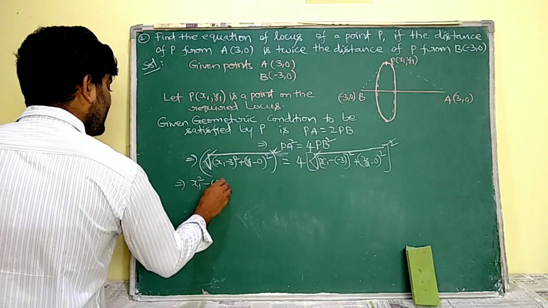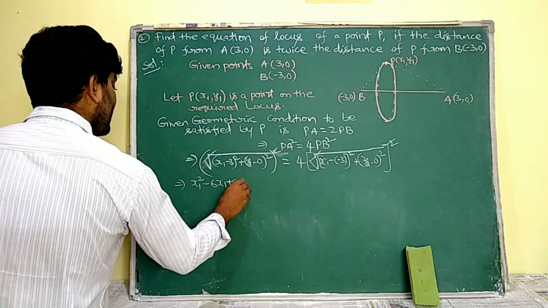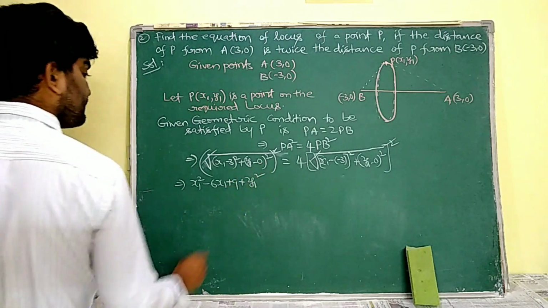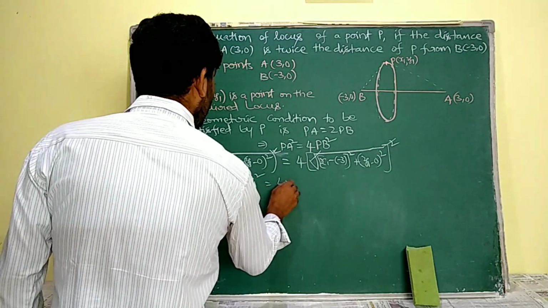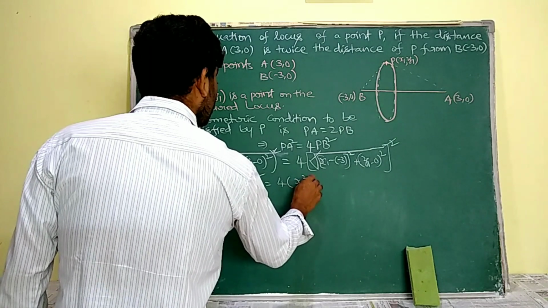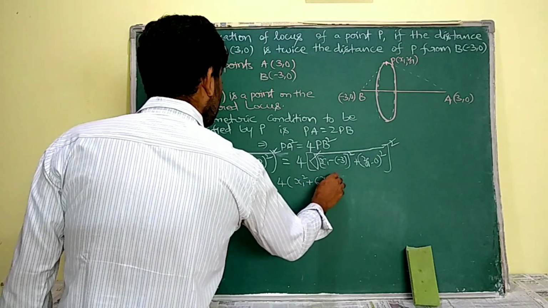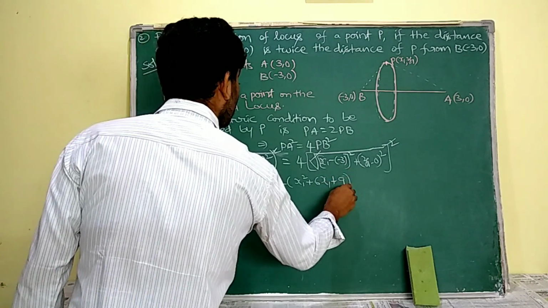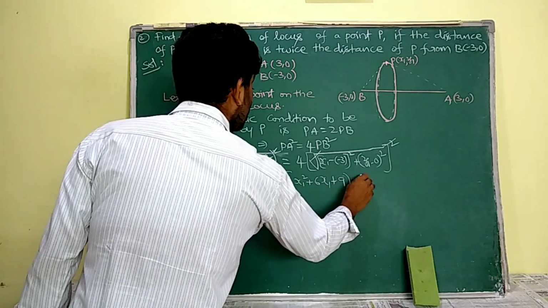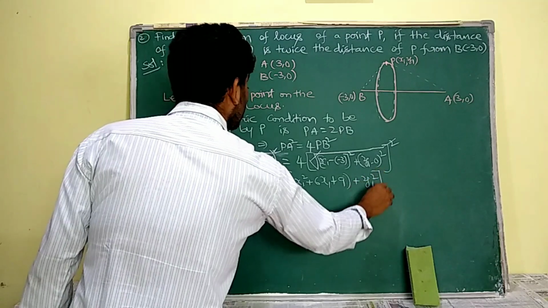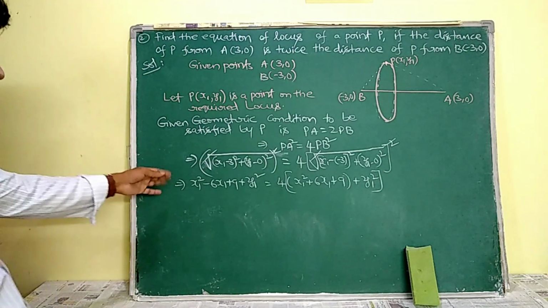Then x1 square minus 6x1 plus 9 plus y1 square is equal to 4 into (x1 square plus 6x1 plus 9 plus y1 square). Now this is the next step.